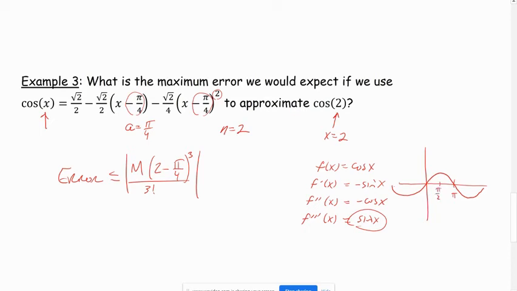And so the maximum magnitude that we're going to get from this is 1.